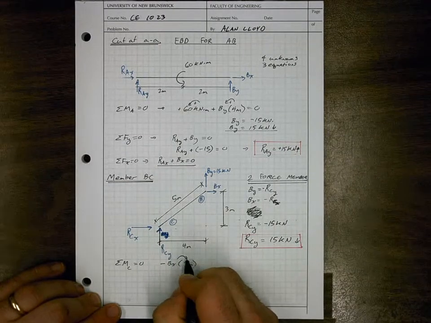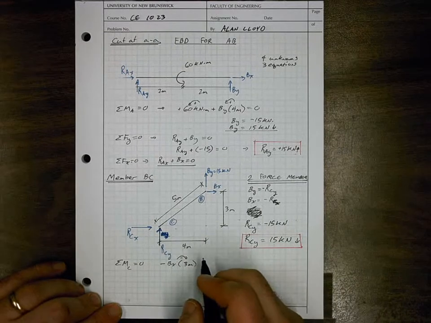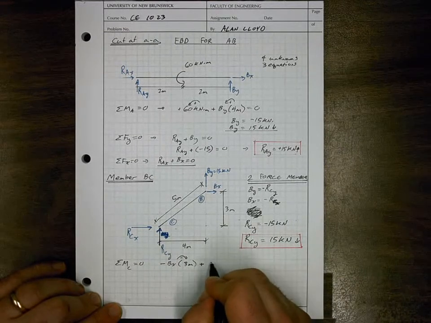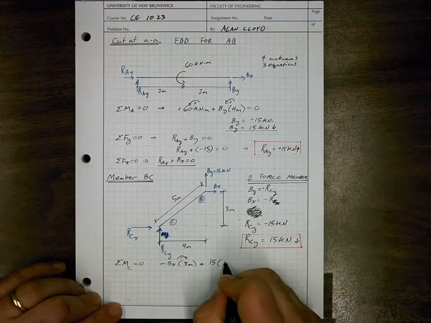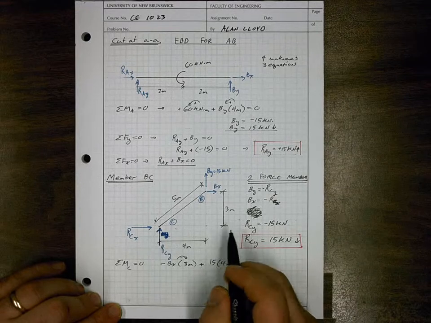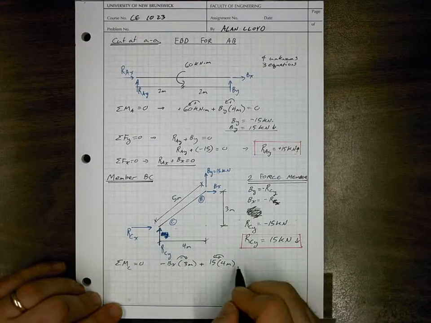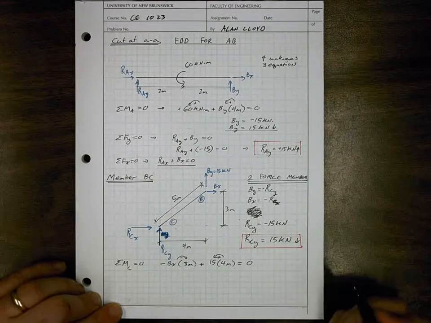It's minus because it's rotating it in a clockwise direction, plus 15 times 4 meters, our moment arm, for the By value, and it's positive because it's rotating it in a counterclockwise direction, is equal to 0.